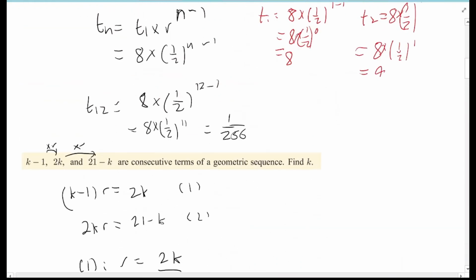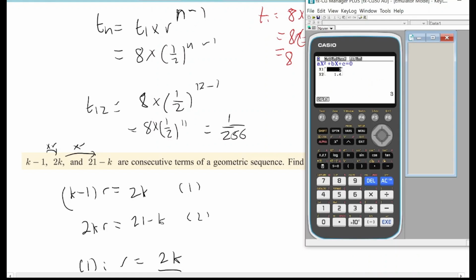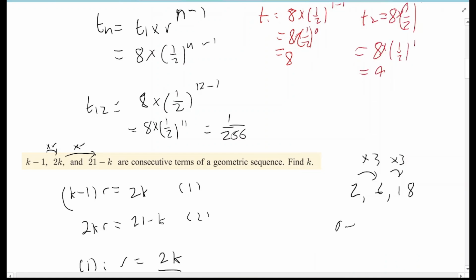So if k was 3, for example, you would have 2 and then 6 and then 18. And the sequence looks like this. And you can see that we'd be timesing by 3 each time. But if k was 1.4, it would look a bit different, but it would still work. So you'd get 0.4 there, because 0.4 take 1.